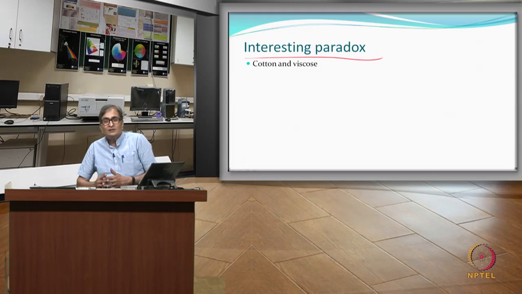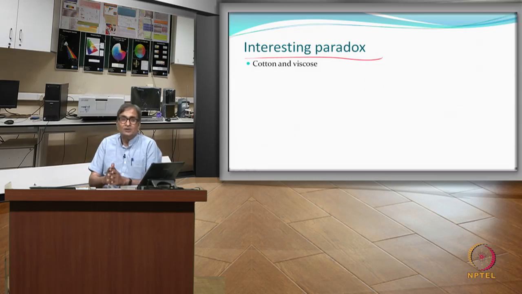And why is that? One of the reasons of course we can think is the cotton basically is highly crystalline, but then why should the tenacity increase further? Viscose is crystalline to a lesser extent. Why does the tenacity change here?